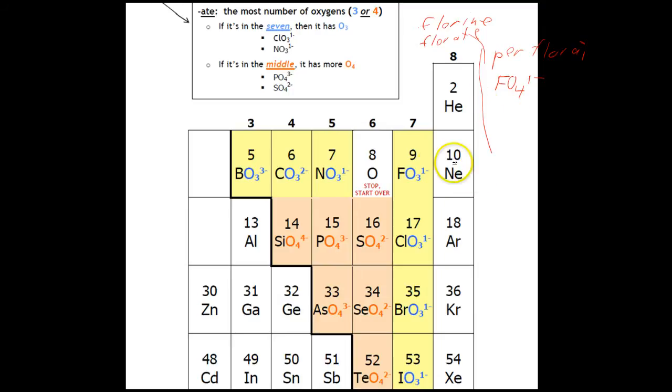Because it's got one more oxygen than our base form. Notice the trend here. Everything in this column 7 on the periodic table, 7 all the way down, has 3 oxygens in the ate form. Everything on the inside of that has 4 oxygens in the ate form. And then if you look at the charges, it's -1, -2, -3, -4.